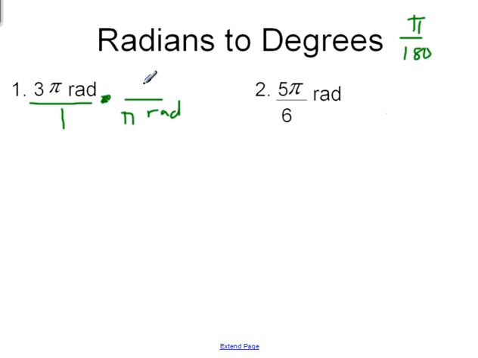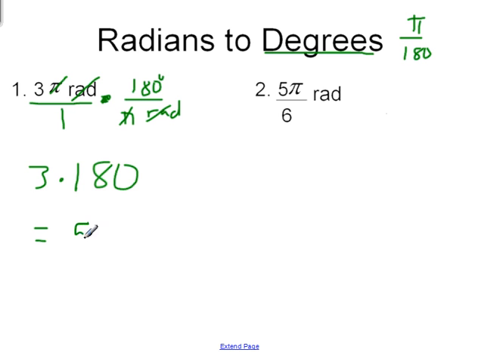I want the degree answer to be my actual answer because I'm converting to degrees, so the degrees goes on top. So here I cancel out a pi, radians cancel, I end up with 3 times 180, which should be 540 degrees.